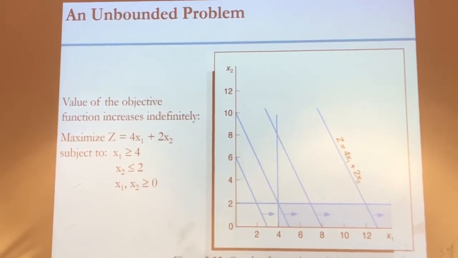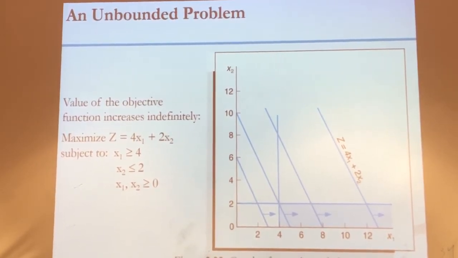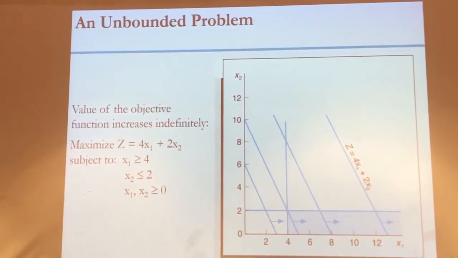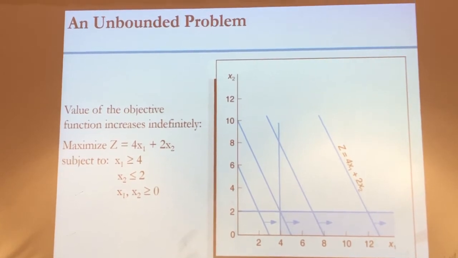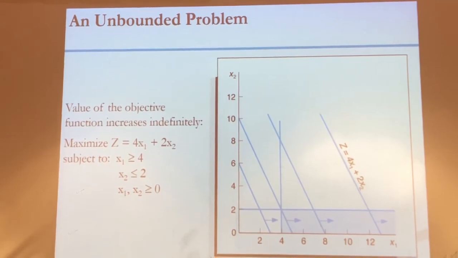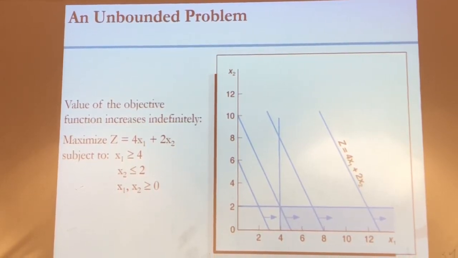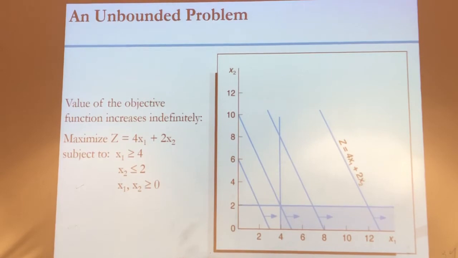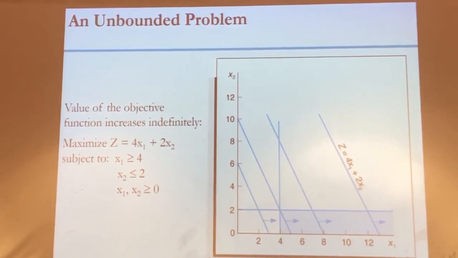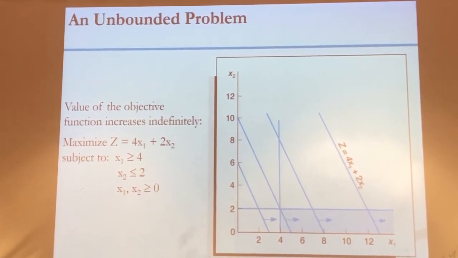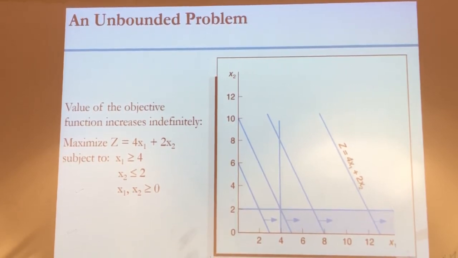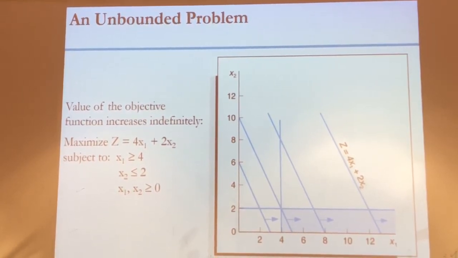Okay, if I ask a multiple choice question or true or false question, that an unbounded problem occurs in a minimization problem, true or false, you will say false because it occurs only in maximization problems. So you can expect such kind of questions in your final exam. Clear? So you should know that unboundedness occurs in maximization problems.